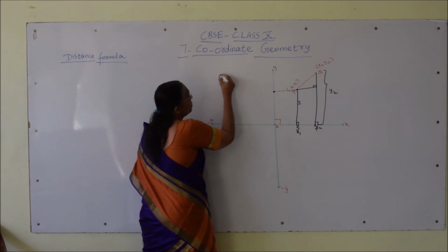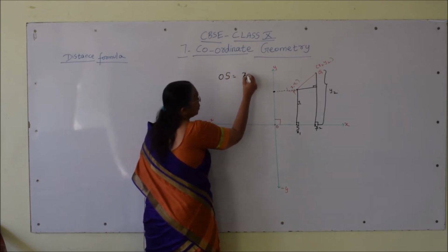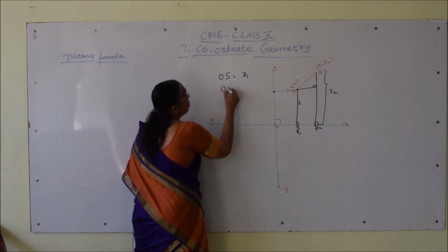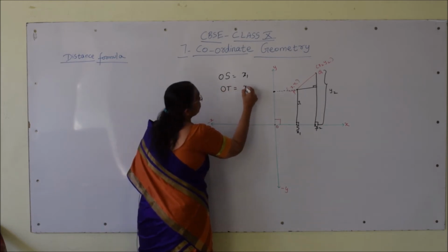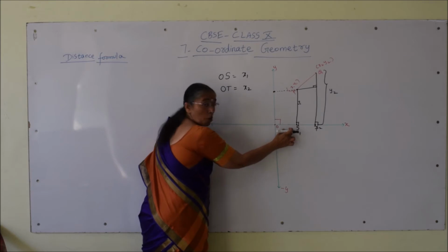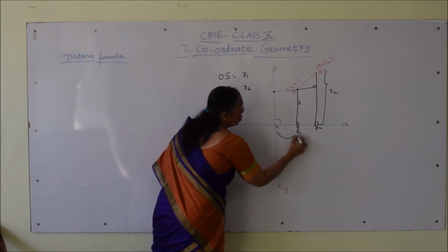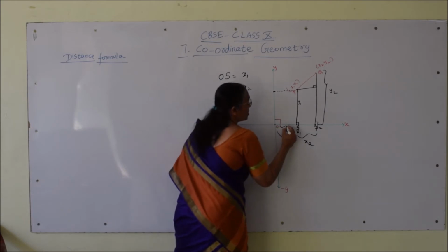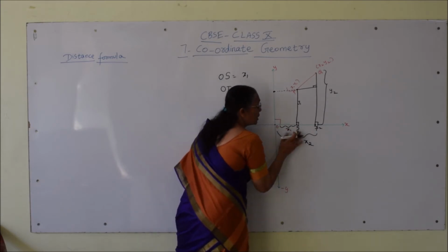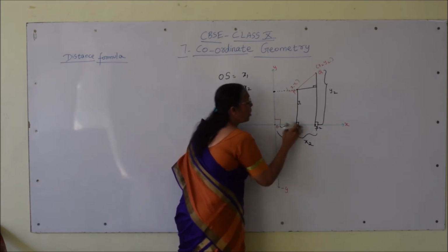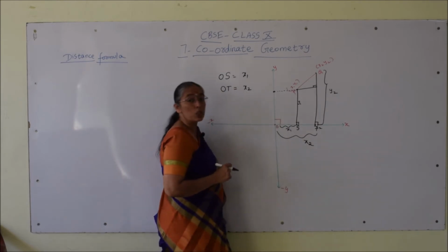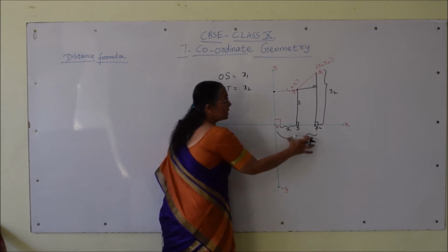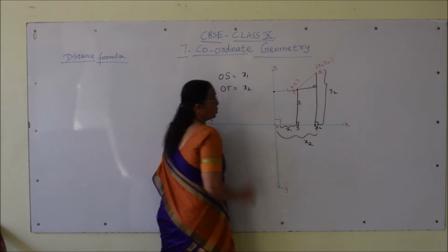The distance OS is nothing but x1, and OT is x2. If I mark the point S, it will be (x1, 0) and T will be (x2, 0).